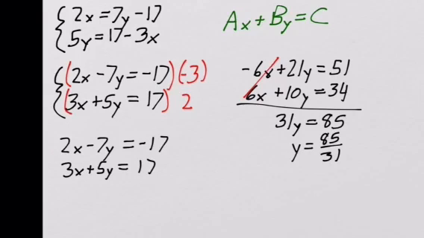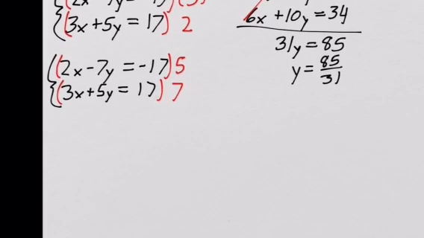And now, I'm going to multiply these equations by something different so I can get rid of the y's. So if I multiply the first equation by 5, and the second equation by 7, let me come down where I actually have space to work.